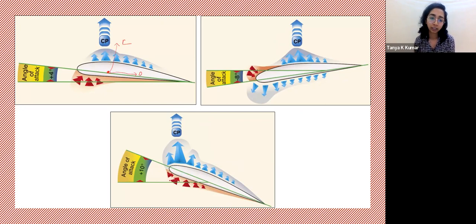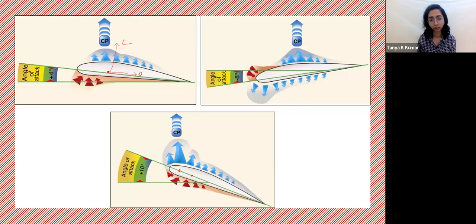Now when I increase the angle of attack further, to 10 degrees, you can see that this gradient moves towards the leading edge. So your CP that was initially somewhere here now moves here, because your net pressure distribution has moved towards the leading edge.